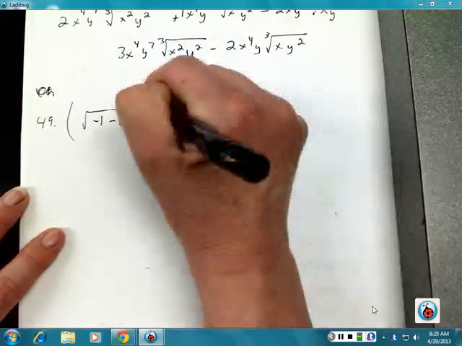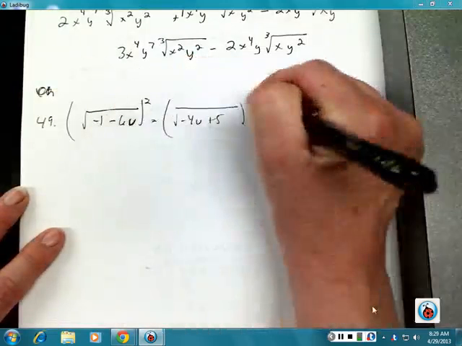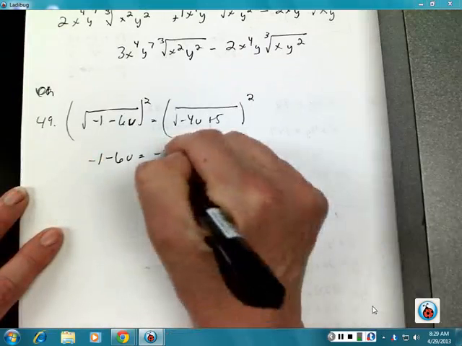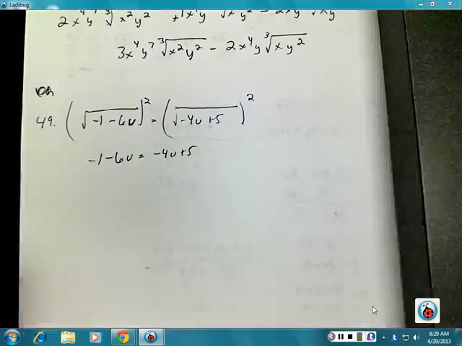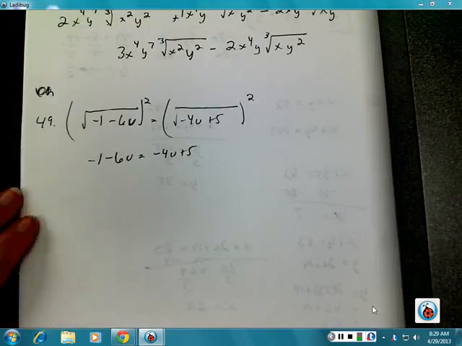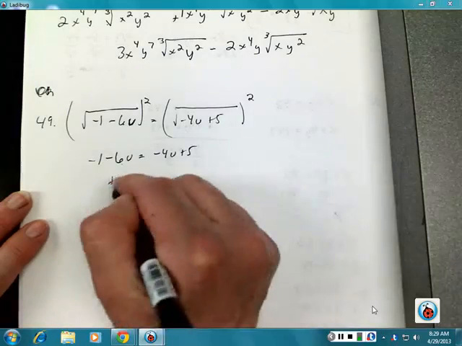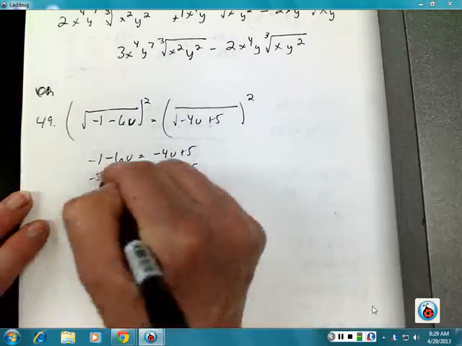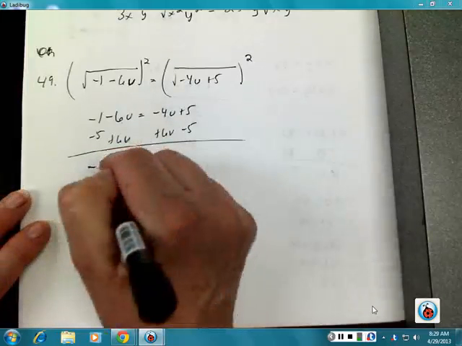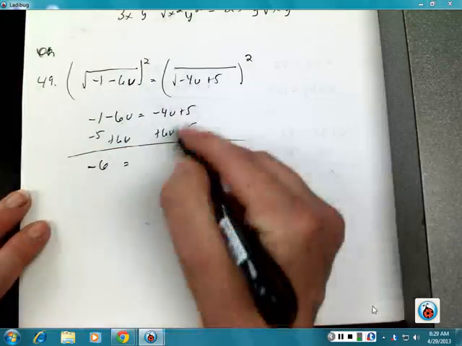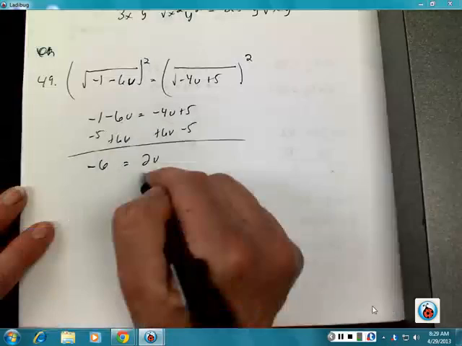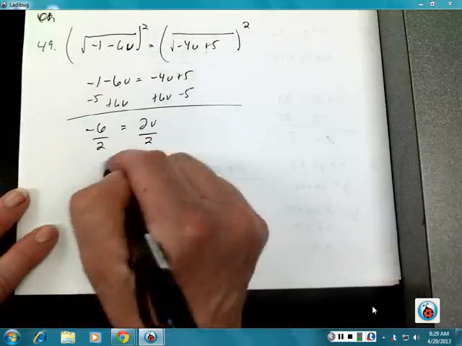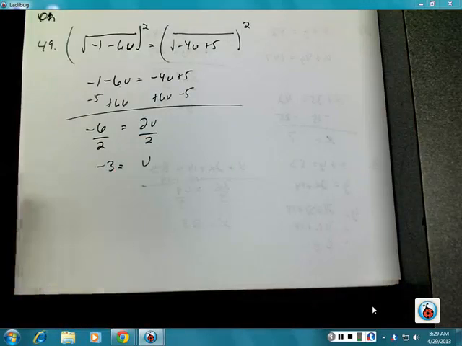So I'm going to take this side and square it, and I'm going to take that side and square it, and the only thing that happens is the radical disappears. Okay? Now I have to get all my v's together and my numbers, so I can add 6v to both sides, subtract 5, and I get -6 is equal to 2v. Divide by 2, and -6 divided by 2 is -3, equals v.